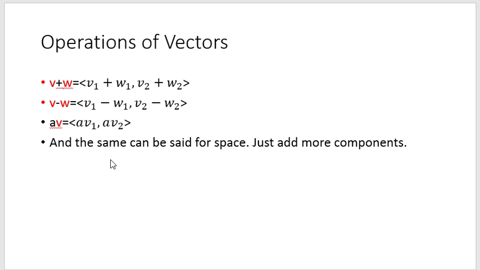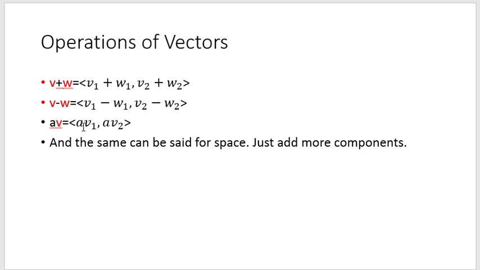And here are your operations of vectors. Vector v plus vector w is component v1 plus component w1, comma, component v2 plus component w2. Vector v minus vector w, which technically isn't real, is component v1 minus component w1, component v2 minus component w2.